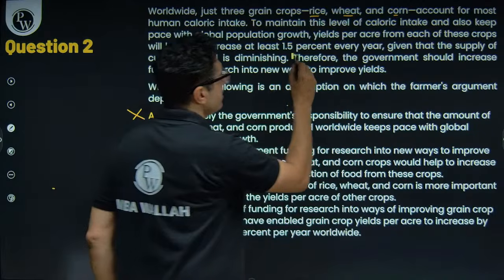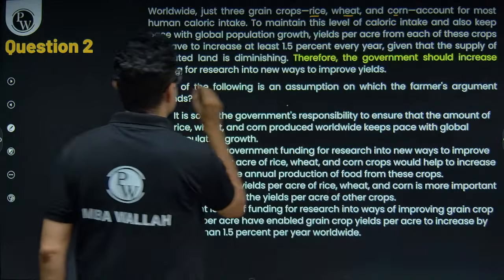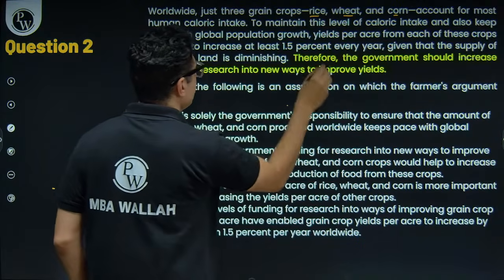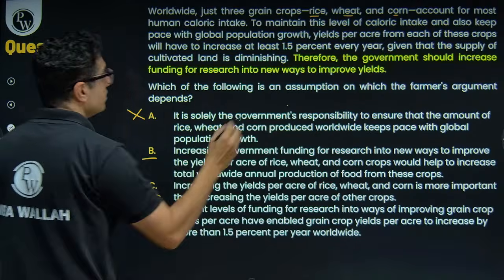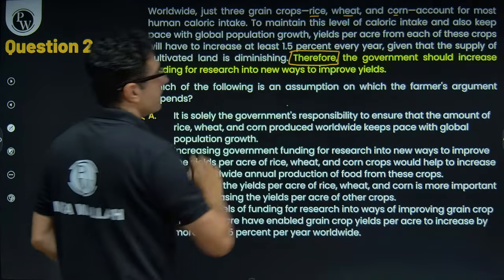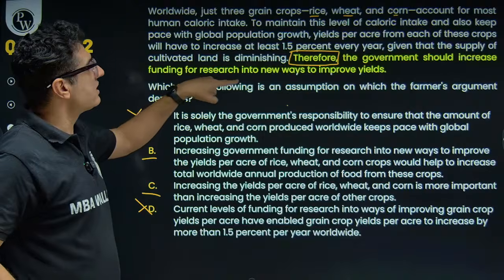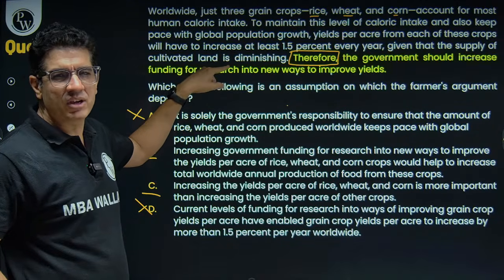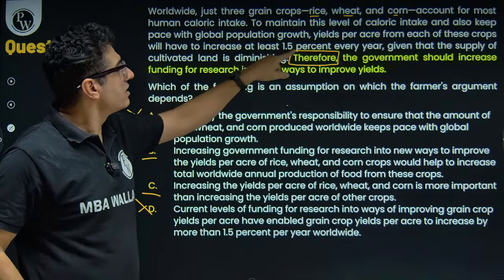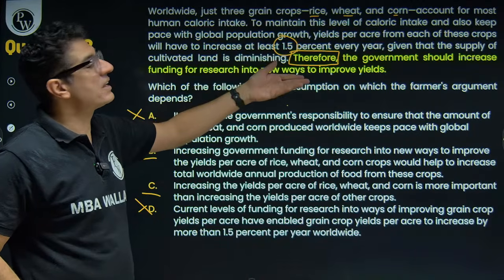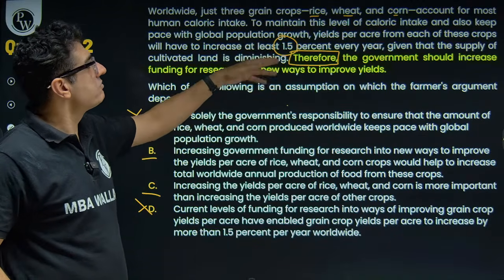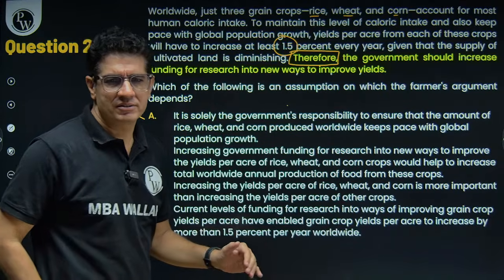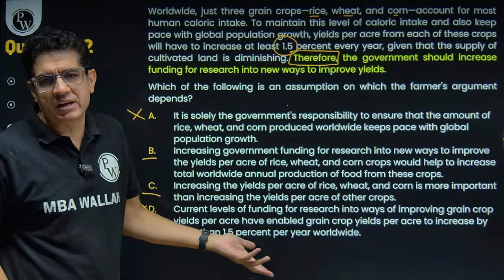Very easy to identify the conclusion. It is marked rather conveniently with the help of the word therefore. So, why should government increase funding? Because cultivated land is diminishing, and therefore we need to increase the yield per acre by 1.5% if we want to continue feeding people rice, wheat and corn. So therefore government must do something.